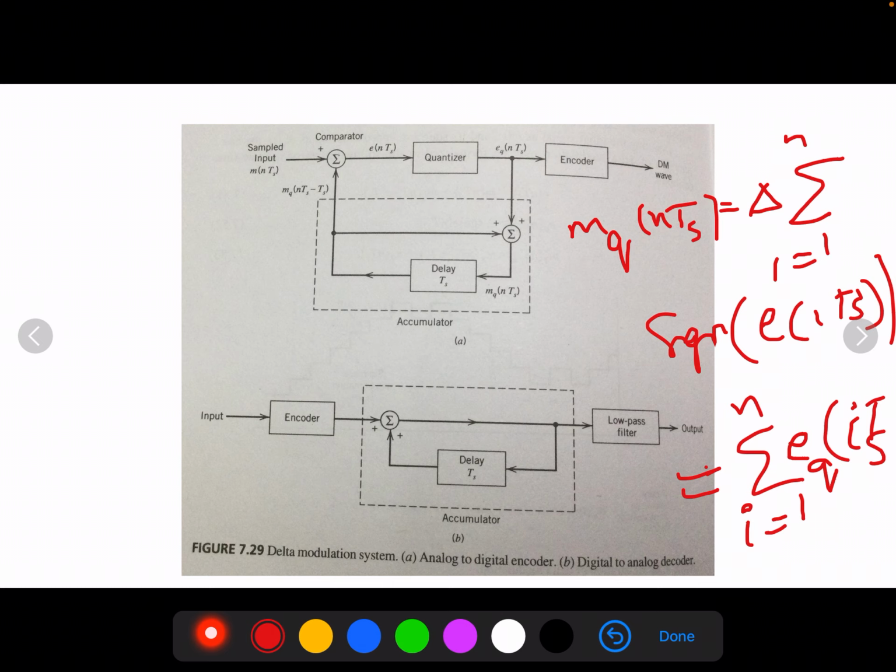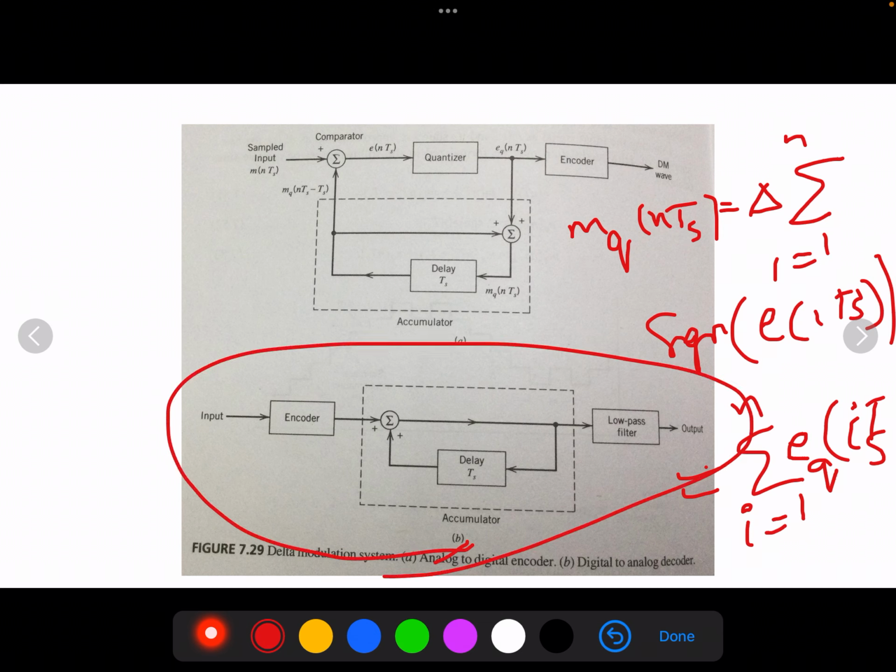In the receiver, you can see in the second diagram here, the staircase approximation mq(t) is constructed by passing the sequence of positive and negative pulses produced at the decoder output through an accumulator, in a manner very much similar to the transmitter.